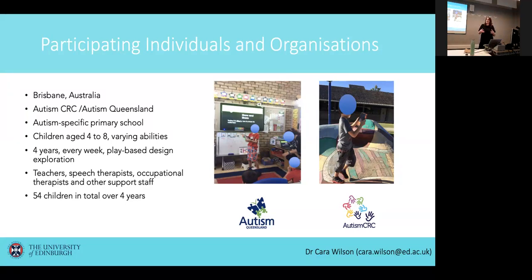That becomes an issue when you're trying to build up these relationships and deep understandings of who a person is, but you've only got 3 months as part of a funded project. So it's something I'm really interested in learning more about with other co-design projects. And then working with teachers, speech therapists, occupational therapists, other support staff, and working with 54 children over 4 years, with some specific children we followed through the school years.